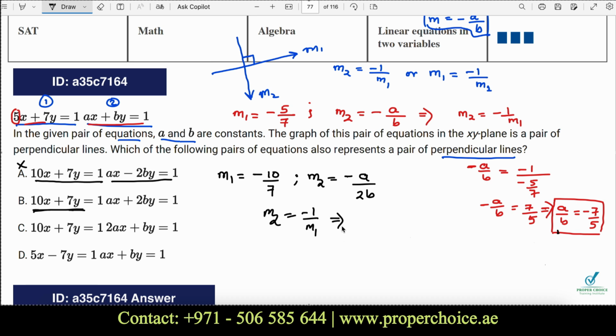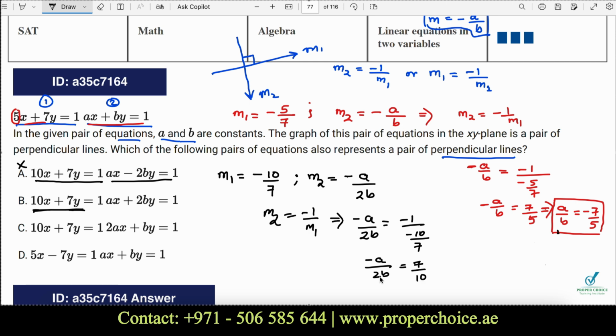So write it down here and check it. m2, minus a divided by 2b, equals minus 1 divided by minus 10 by 7. So minus a by 2b is equal to minus by minus is going to be plus, that is 1 divided by 10 by 7, which becomes 7 by 10.